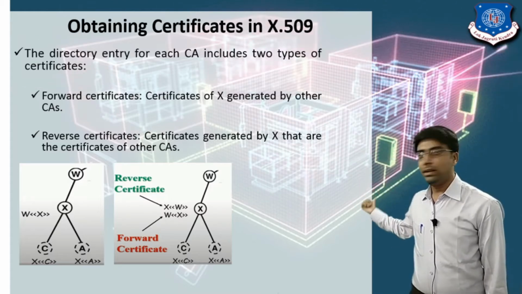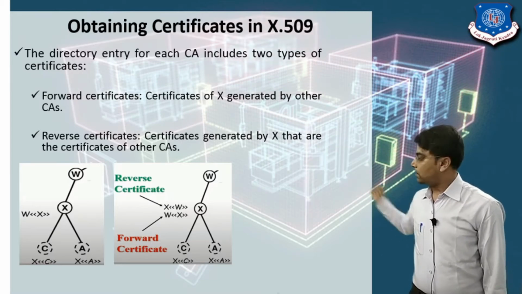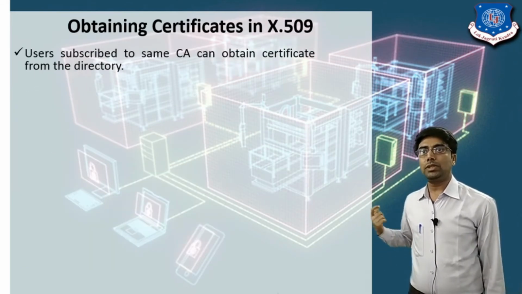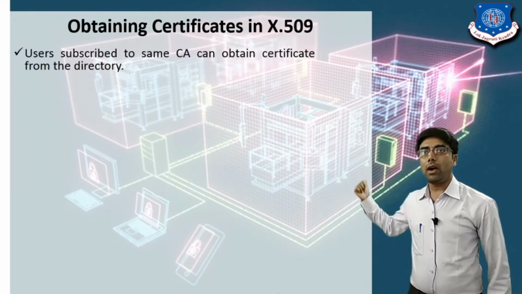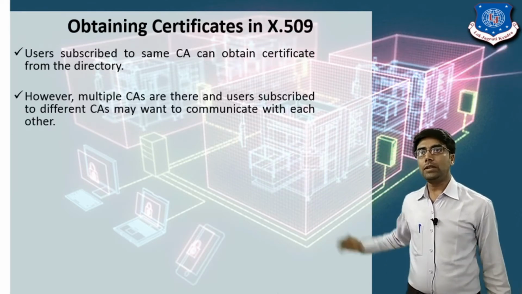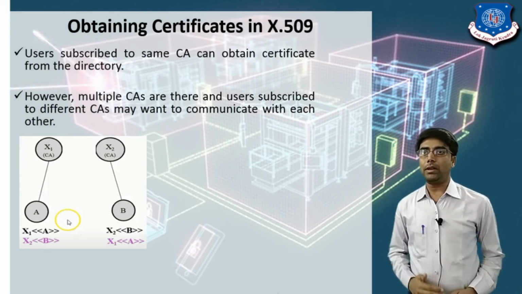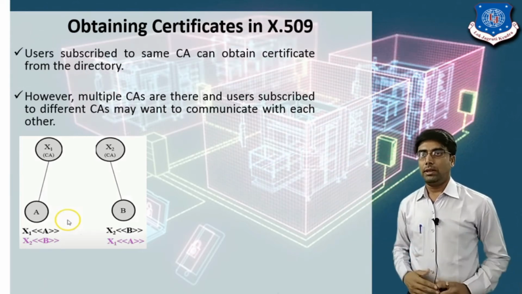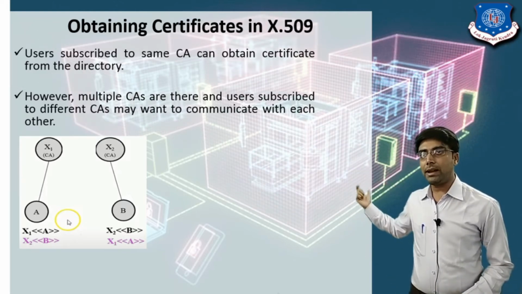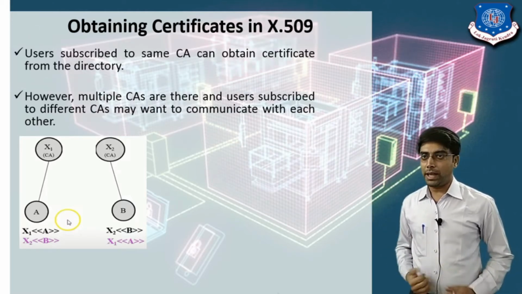Now in this figure you can see I already mentioned the forward certificate and the reverse certificate. I hope this idea is clear. Users subscribed to the same certificate authority can obtain the certificate from the directory. If we consider X1 as one certificate authority and A as a user, user A wants the certificate, so first user A will share their public key with certificate authority X1.